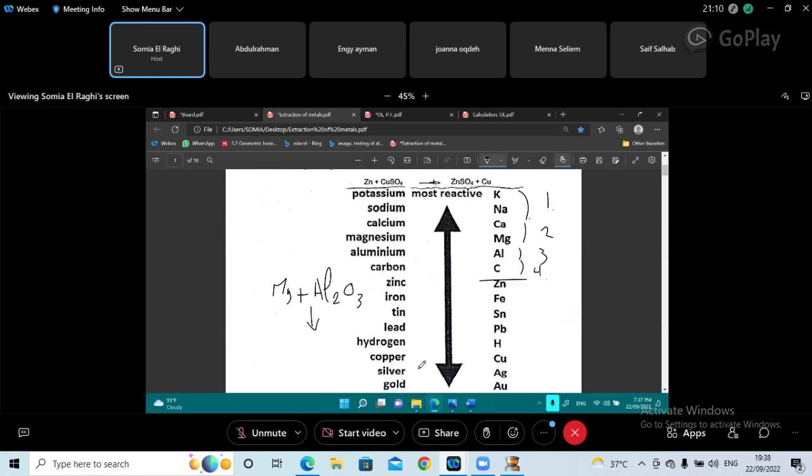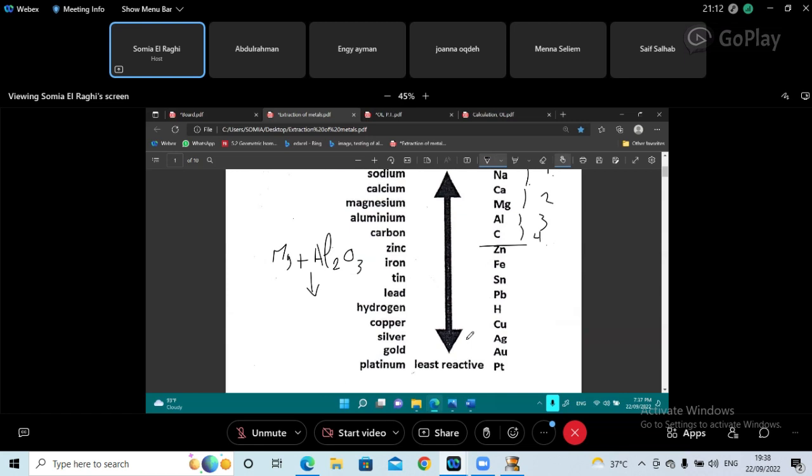They will ask what's your opinion about this reaction. I get aluminium alone, free from oxygen, and magnesium takes its place. What is this kind of reaction? It's called a displacement reaction. What is the meaning of displacement? A more reactive metal displaces a less reactive one. It takes its place. So simple, the question.